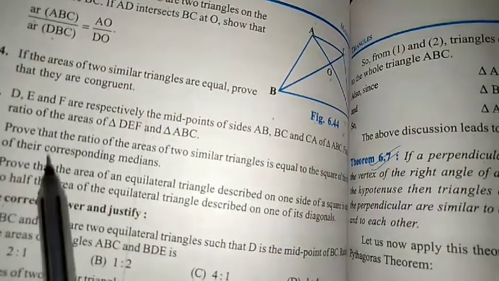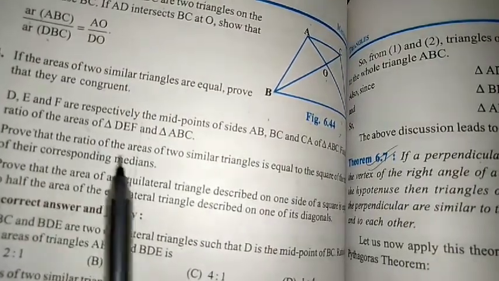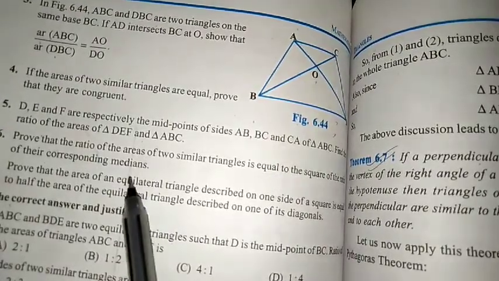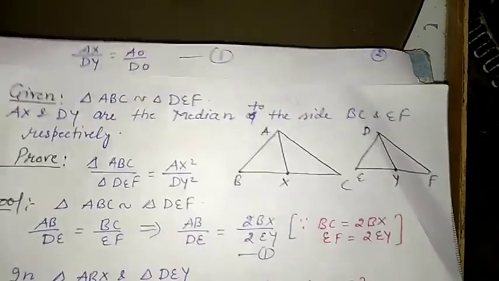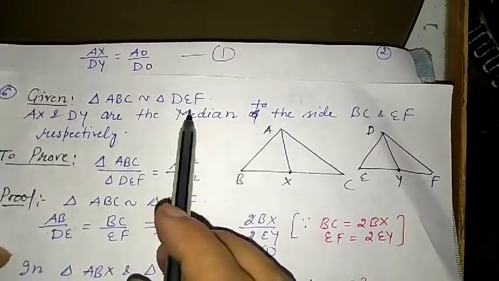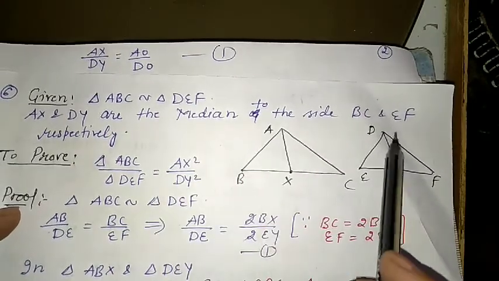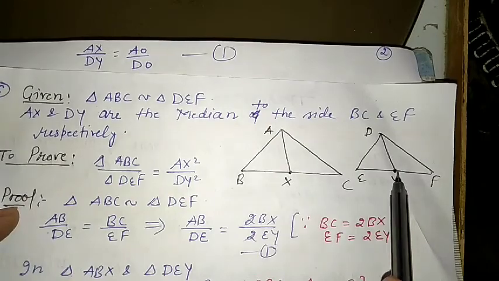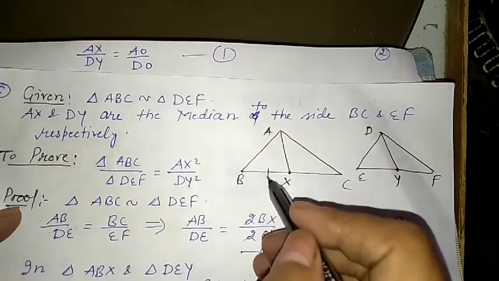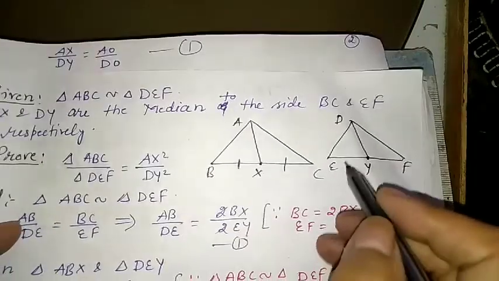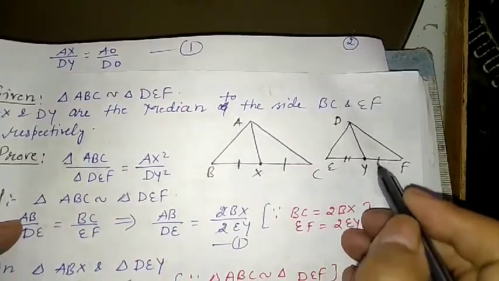Now similarly we can do this sixth question. Prove that the ratio of the areas of two similar triangles is equal to the square of the ratio of their corresponding medians. Medians, we know, divide the side on which they fall into two equal parts. Here it is given triangle ABC and triangle DEF. AX is the median of triangle ABC and DY is the median of DEF. So BX is equal to XC and EY is equal to YF.